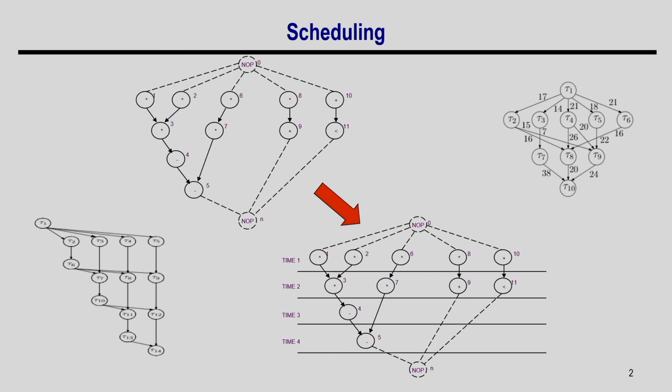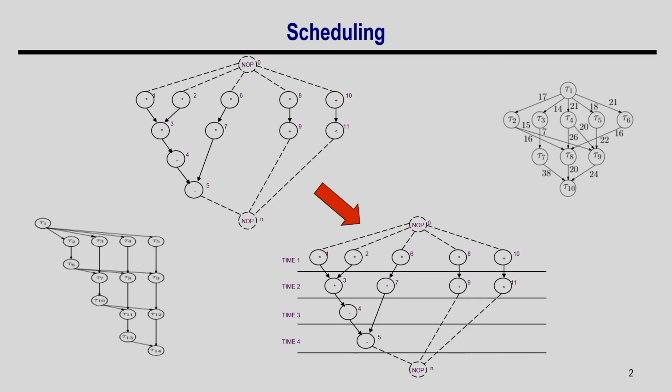Again, you remember the way we model our behavior. We have a CDFG, control and data flow graph, where we have loops and if-else branches, and each basic block is a straight line of code where there is no control flow. We take one block at a time and model it as a sequence graph.